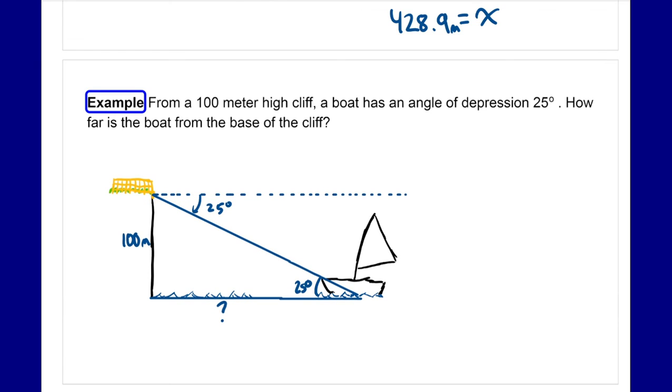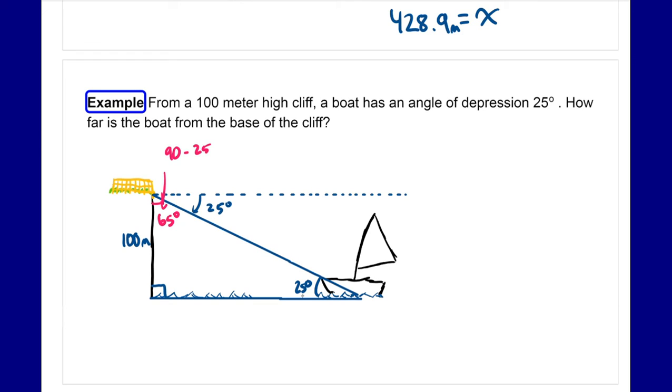Or you could use the fact that 90 minus 25 will equal this angle, or 65 degrees, because we can assume the horizontal line straight out and the cliff would form a 90-degree angle. We also have a 90-degree angle with the cliff and the water at the bottom. So there's different triangles or different angles you could use to help us find this missing side at the bottom here, or how far away our boat is.